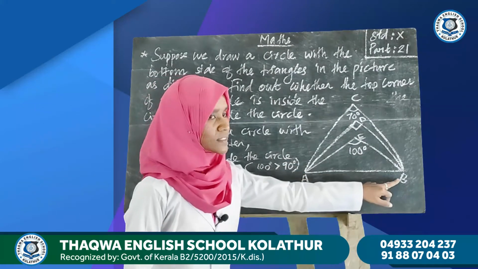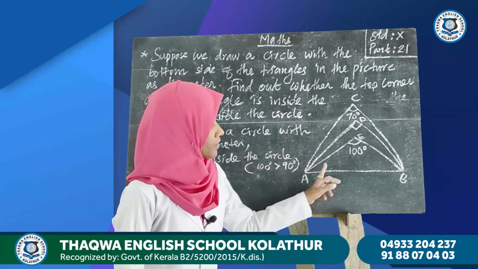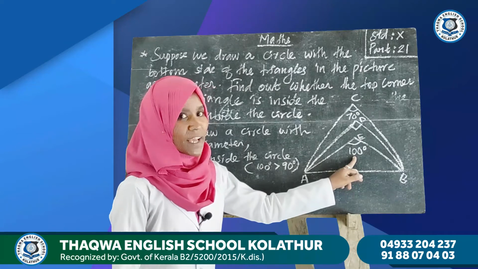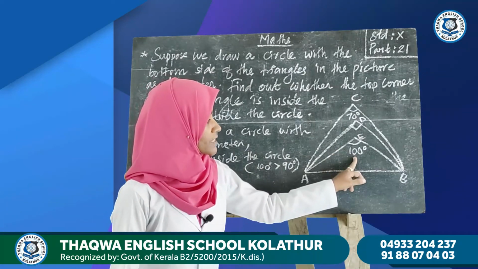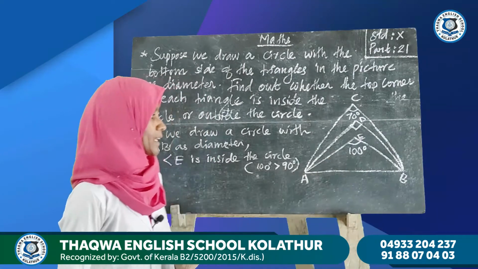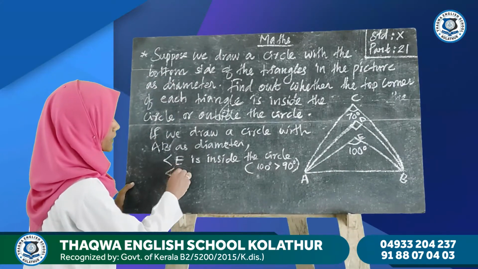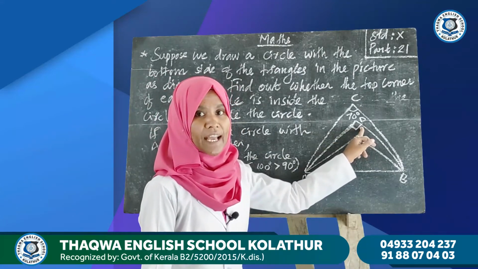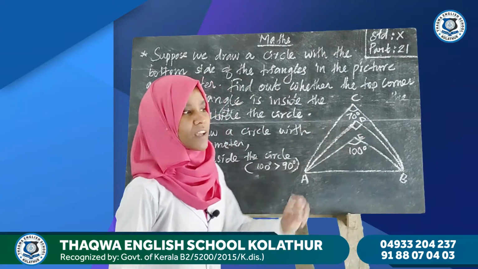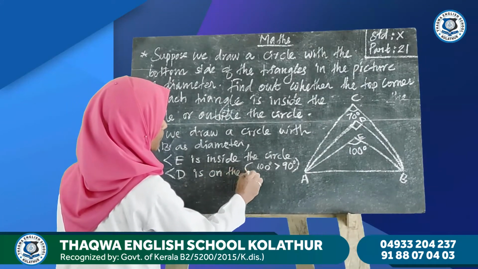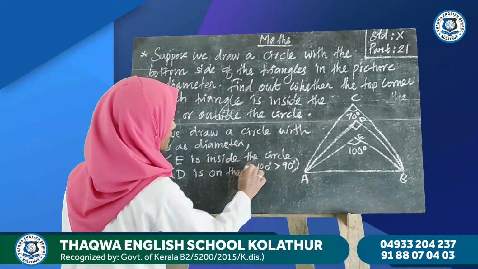If we join the ends of a diameter to a point inside the circle, then we get an angle larger than 90 degrees. The next, angle D. The measure of angle D is 90 degrees. So where is the position? Angle D is on the circle.